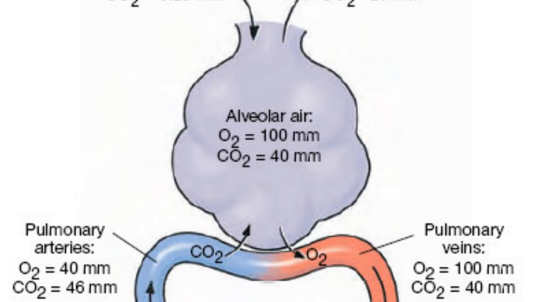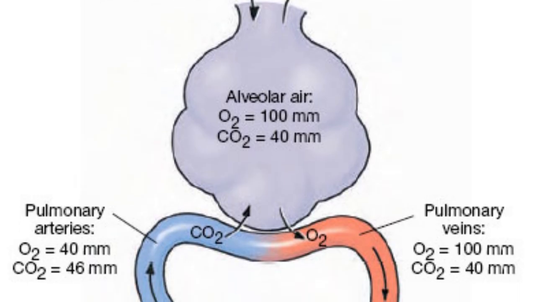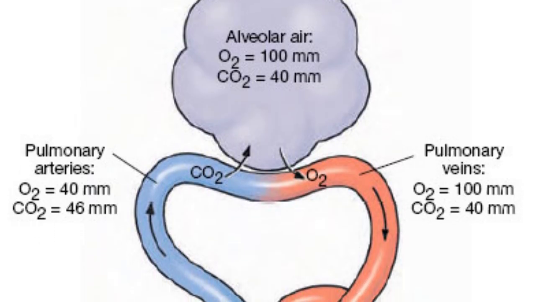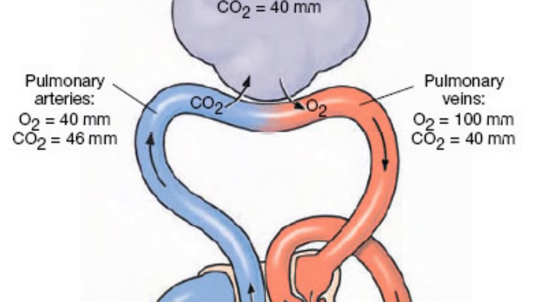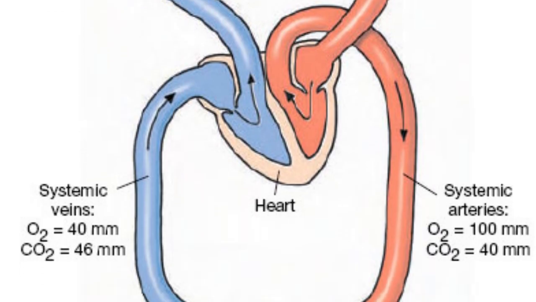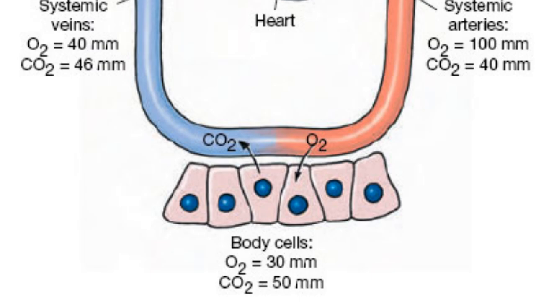Gases transport in blood. Oxygen is carried by hemoglobin inside red blood cells. About 100 ml of blood can carry up to 20 ml of oxygen. Carbon dioxide is transported mostly as bicarbonate dissolved in plasma.